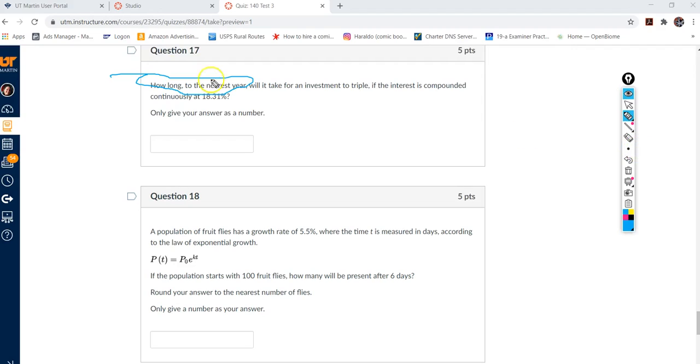So we want to find t to the nearest year. Will it take for an investment to triple, if the interest is compounded continuously at 18.31? So R is going to be 18.31 divided by 100.